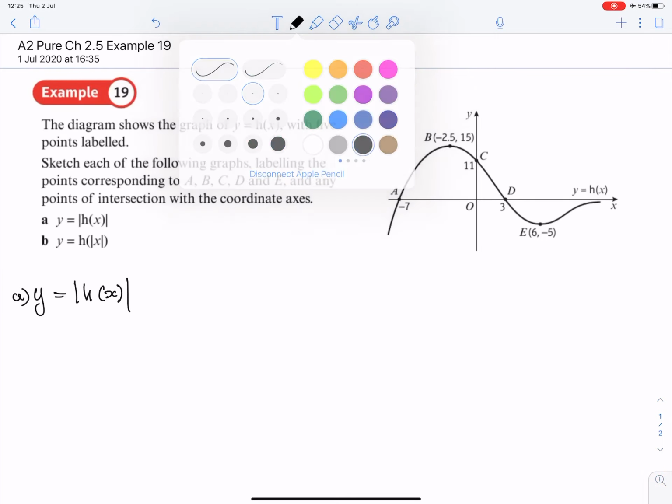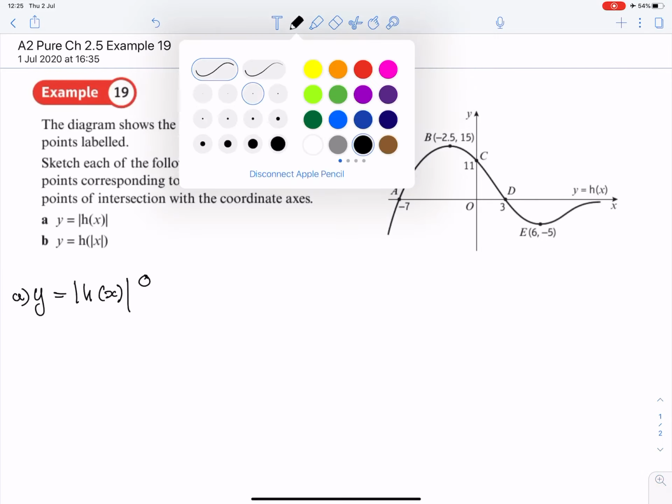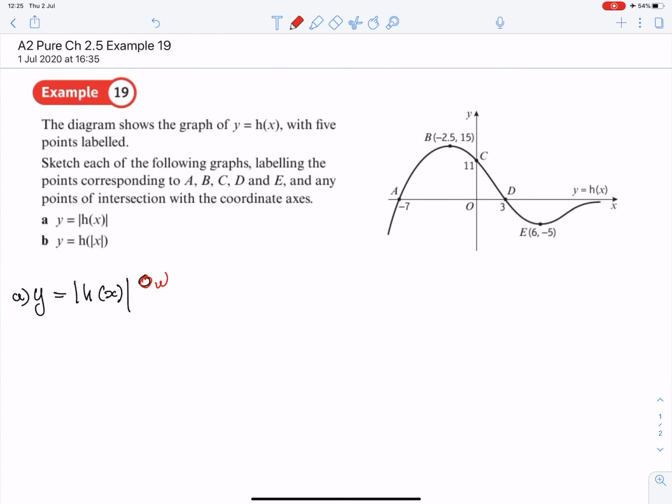are positive. So that means these outputs are positive anyway, so they will be unchanged. Where the outputs were negative, they're going to get reflected in the x-axis.